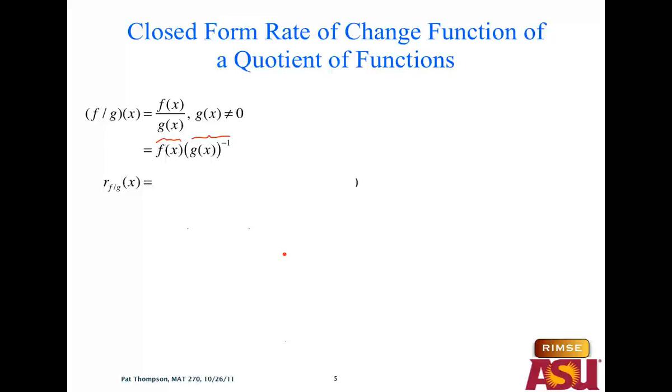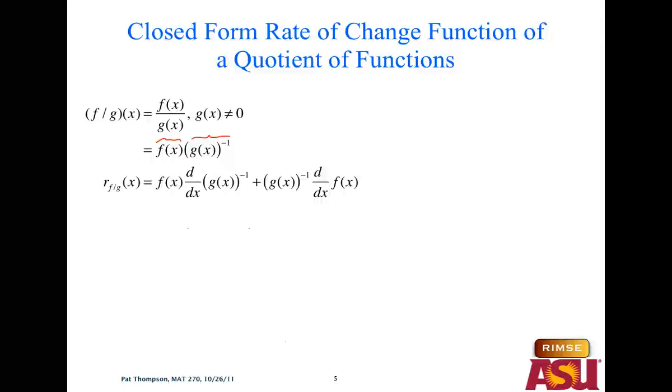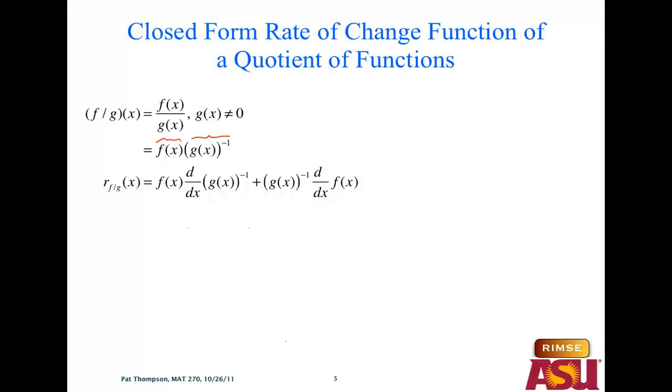All right, so let's just apply the product rule here. The product rule says the first times the derivative of the second plus the second times the derivative of the first. So the first times the derivative of the second plus the second times the derivative of the first.